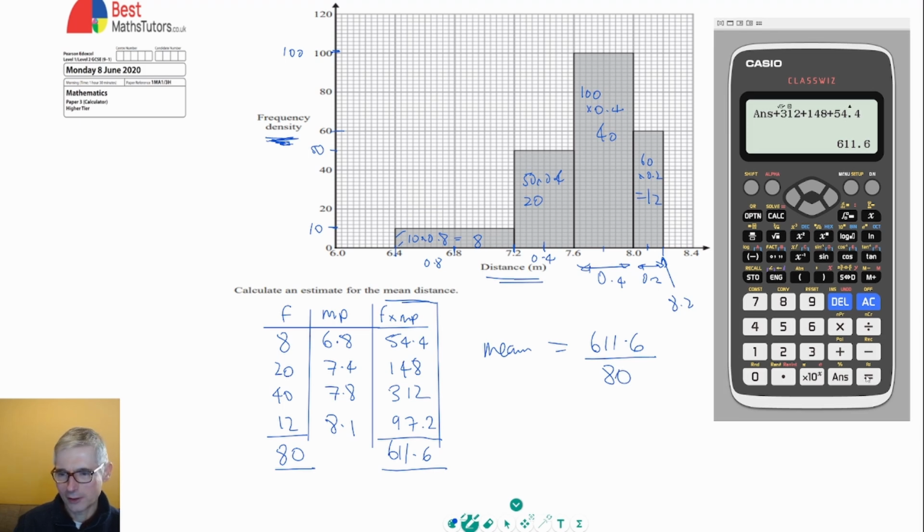So just doing that on the calculator, dividing the total I've already got by 80 gives me that figure, which I want as a decimal. So I've got 7.645, and that answers in meters.